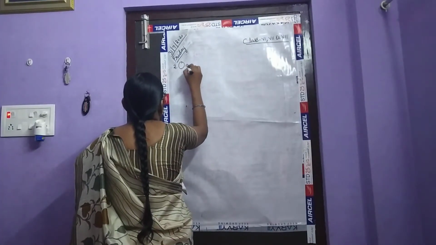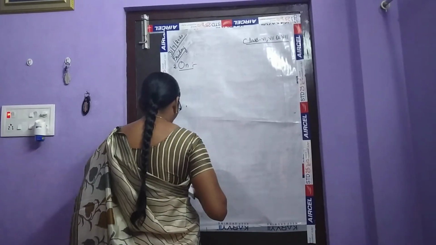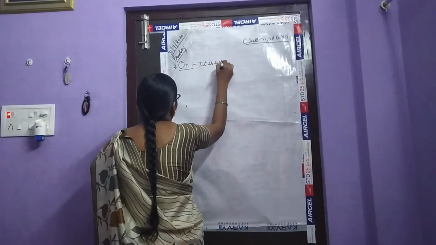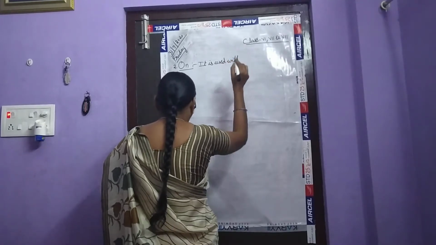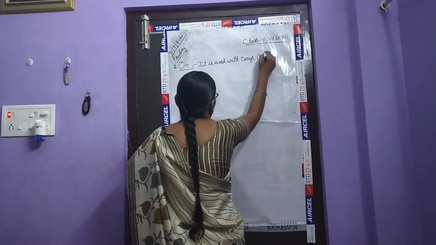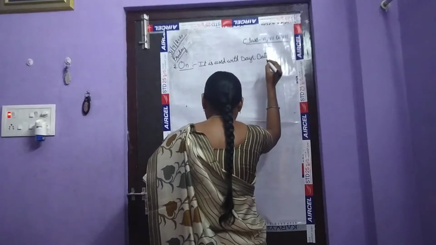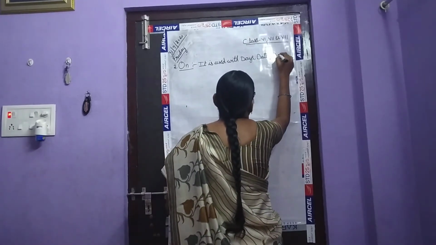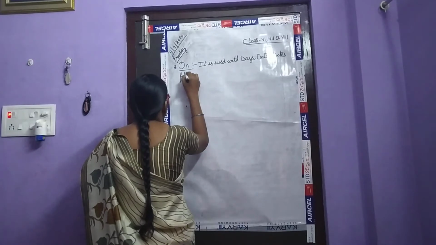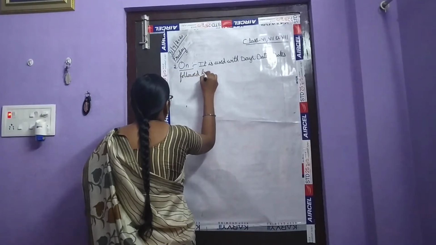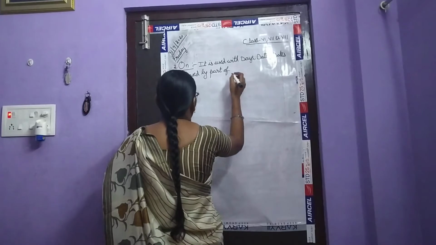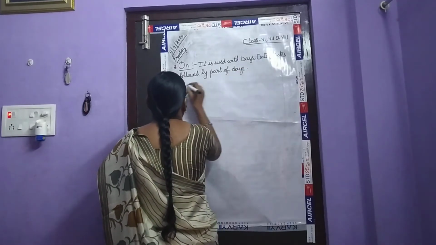Second one is on. It is used with days, dates and dates followed by part of days. Okay, children.